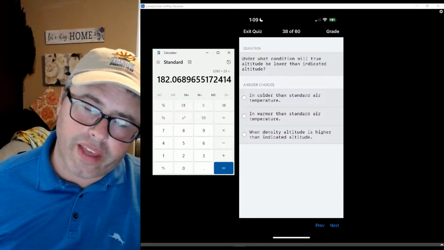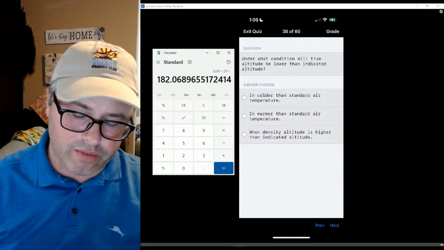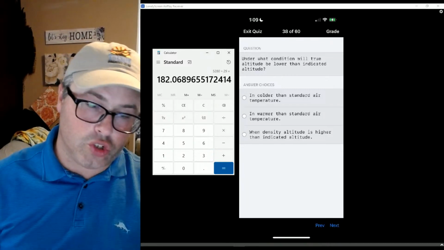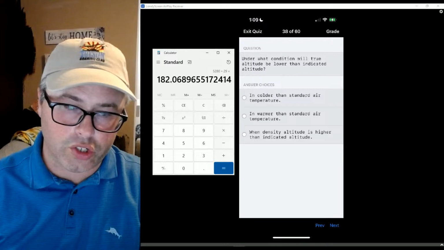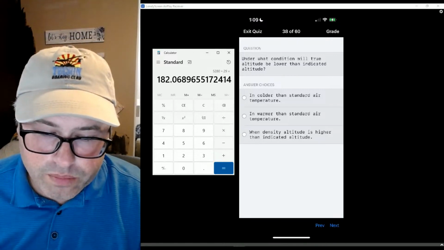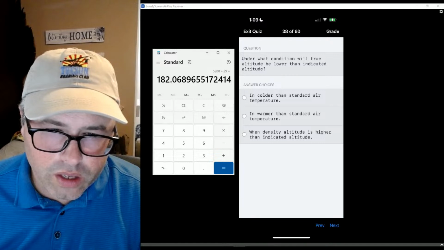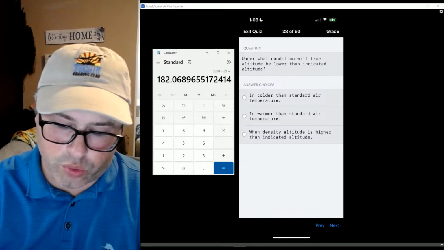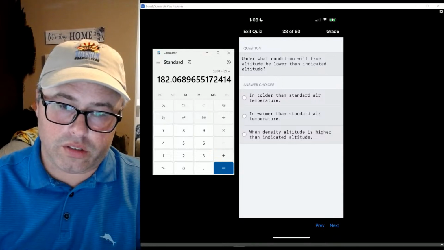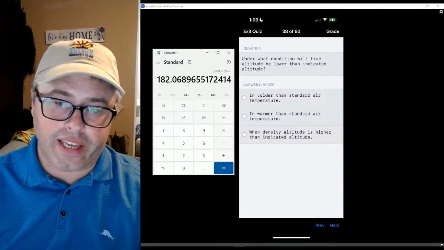Okay, and the way they ask these questions is super confusing, I find. So I always try to write it down to create a little chart for myself so I know what to do. So under what conditions will true altitude, your actual altitude, be lower than your indicated altitude?